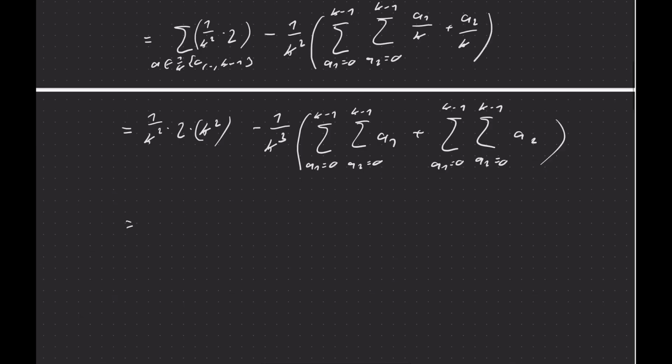Okay, so that first term here, the k squared cancels out, so that's just a 2. For that second part, what do we get here? Well, this first sum depends only on A1, right? So it's just an A1 in here. What does that mean?